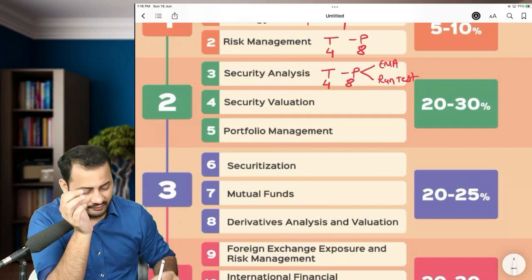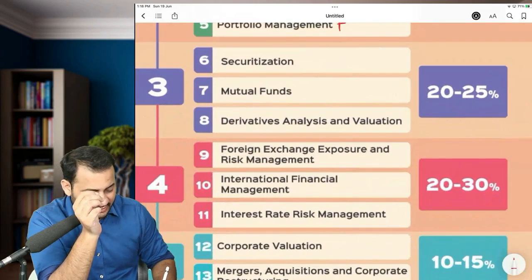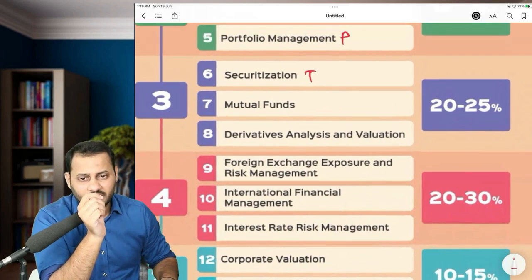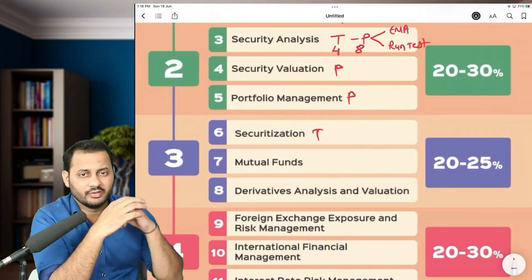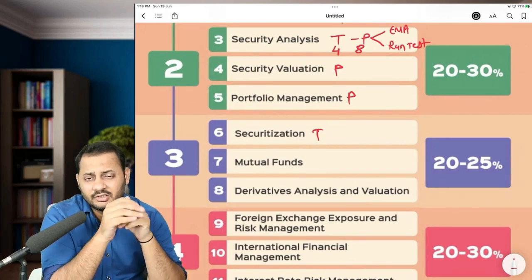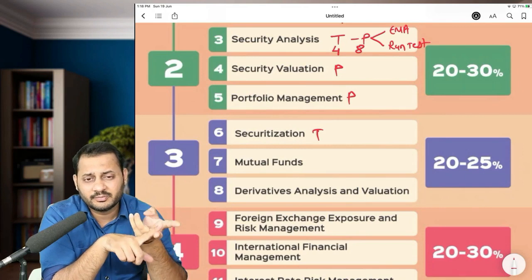Now comes the main practical part. The security valuation, purely practical. Portfolio, practical. Securitization is theory. Okay. Now, let me pause and give you clarity on this, that security valuation, I have written it as a practical chapter. Portfolio, I have written it as a practical chapter.